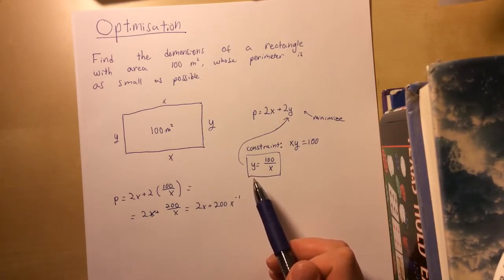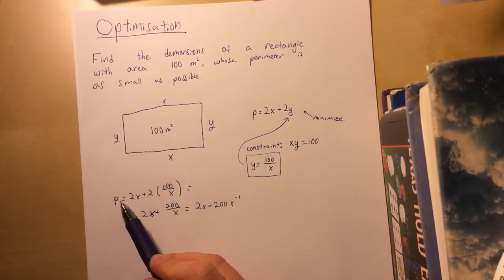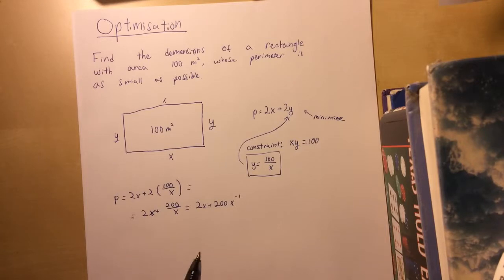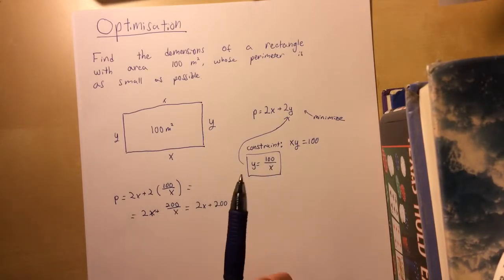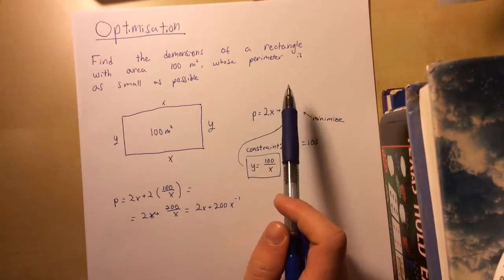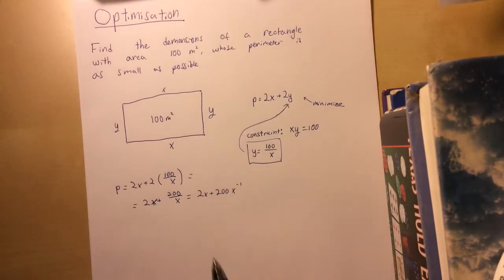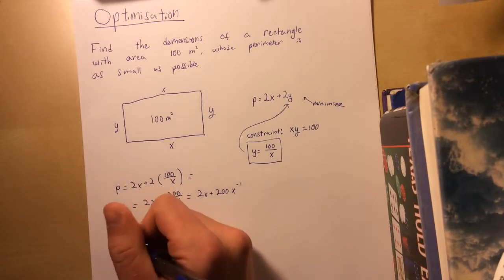So now what I'm going to do is take the derivative of the perimeter, and what we're going to try to solve is for where the derivative is equal to 0, because as we know, when the derivative switches sign and hits 0, that's when we have our maximums and minimums. And in this case, we want a minimum, so we're going to take the derivative of p.